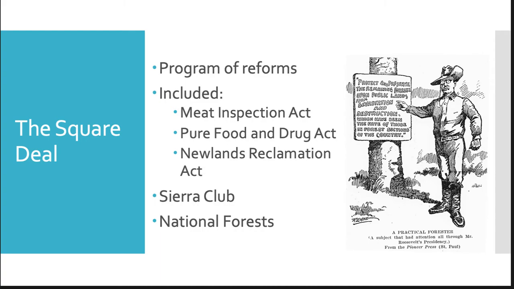This is going to include the Meat Inspection Act, it will include the Pure Food and Drug Act, but it also includes the Newlands Reclamation Act, which encouraged settlement of lands that required irrigation, so pushing people to lands that were less desirable and setting up irrigation to those lands to get people moving to places we hadn't seen before.